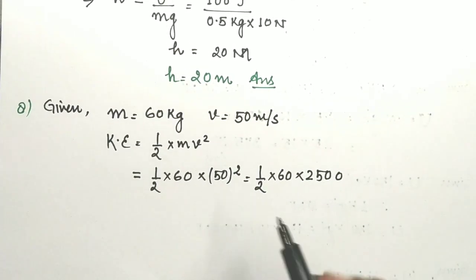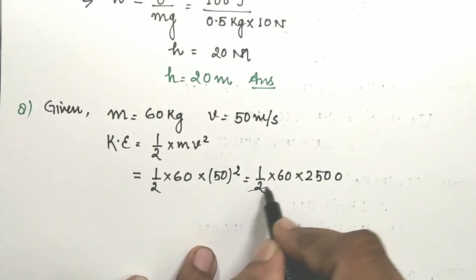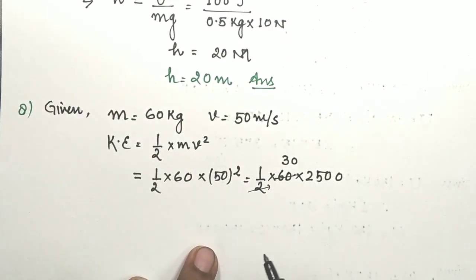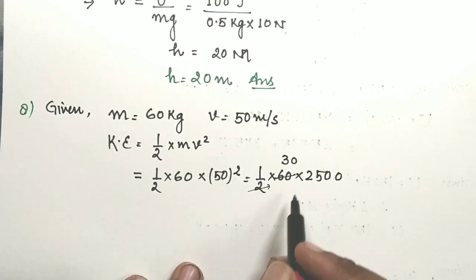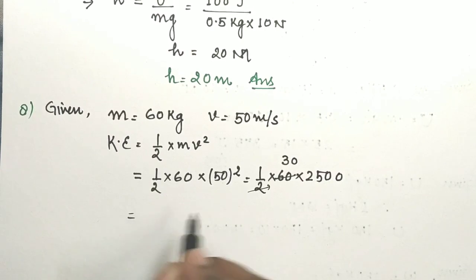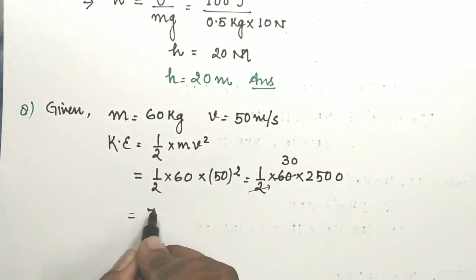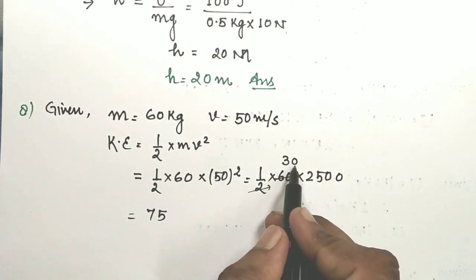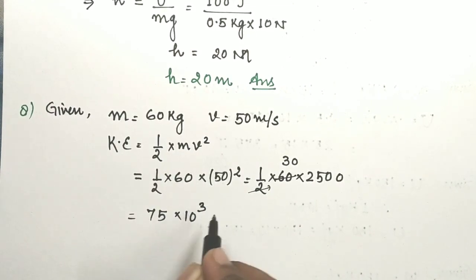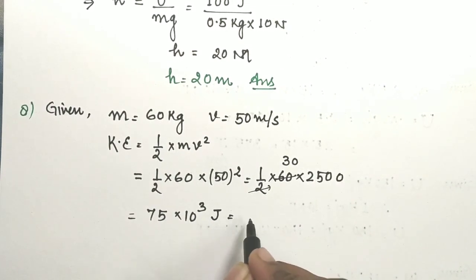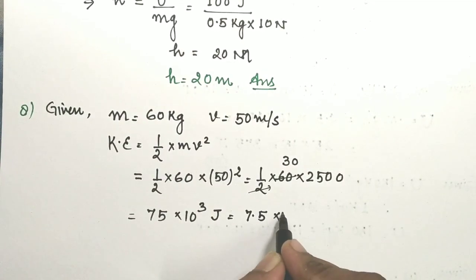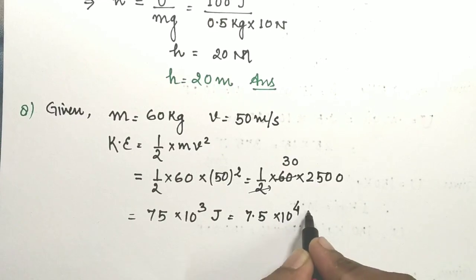We will easily calculate that 2 30s are 60 and 30 multiplied by 2500 will be what? 25 3s are 75, and 2 more zeros and a 10, so it will be 75 into 10 power 3 joule, which can also be written as 7.5 into 10 to the power 4 joule.